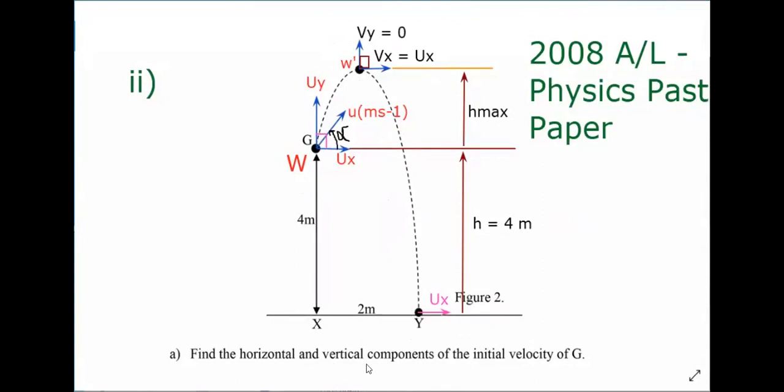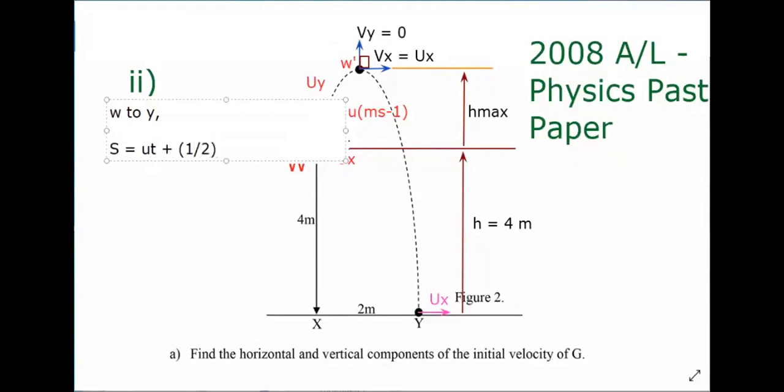Find the horizontal and vertical velocity components of the initial velocity of capital G. The easiest method is I can apply W to Y. Listen to me carefully. Along the horizontal direction, I can apply the equation s equals ut plus half at square. Do not write, just listen to me.